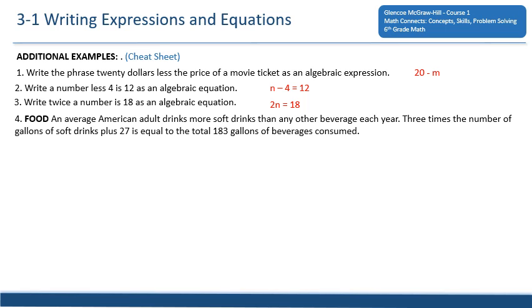And food, an average American adult drinks more soft drinks than any other beverage each year. 3 times the number of gallons of soft drinks plus 27 is equal to the total of 183 gallons of beverages consumed.